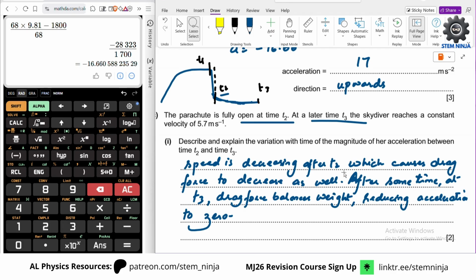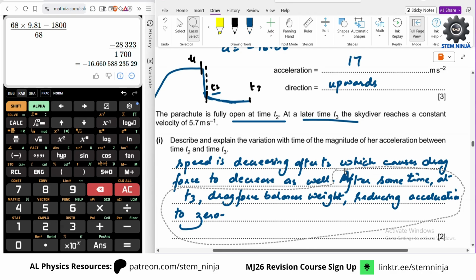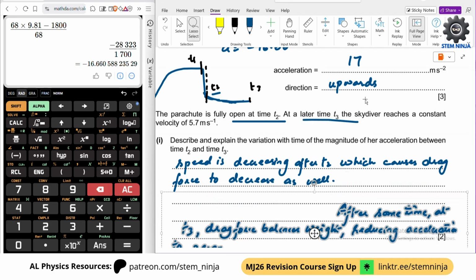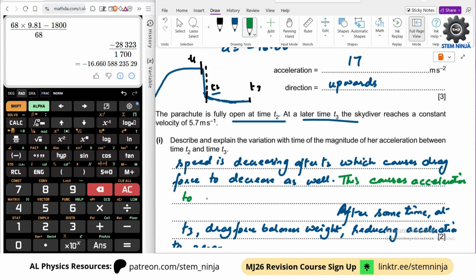Oh, sorry, we could actually write over here that this causes a decrease, this causes acceleration to decrease, right?